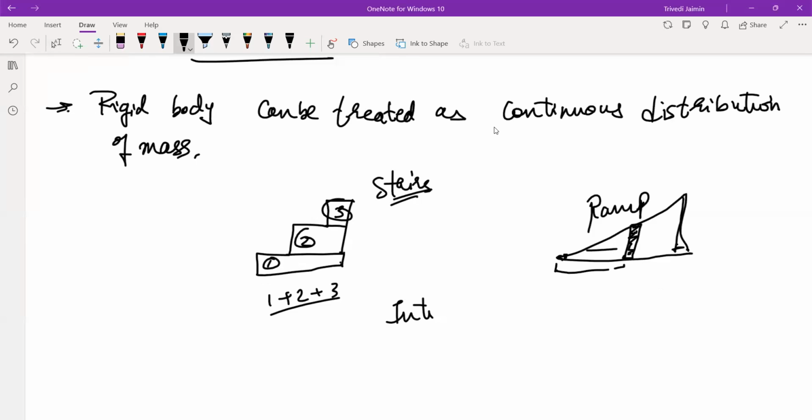We'll find the area of this strip and put the limit of this one. It's varying from here to here, 1 to 2. We'll integrate this strip, L dx, with the limit 1 to 2, in a continuous distribution.